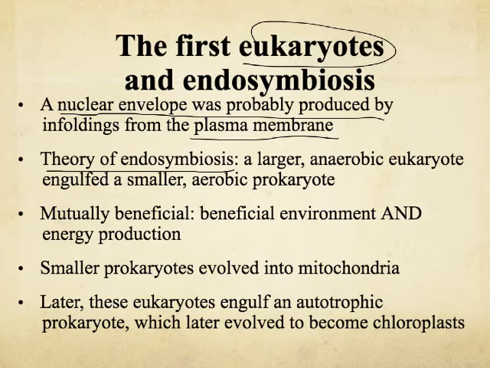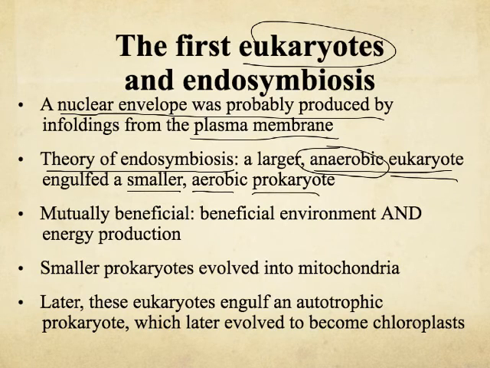Basically, the idea is that a large anaerobic eukaryotic cell, so a large cell that is anaerobic, so it can't deal with oxygen, but it's eukaryotic, so it has a nucleus, engulfed or ate a small aerobic prokaryote. So it took in a prokaryote that could deal with oxygen, that could do cellular respiration.